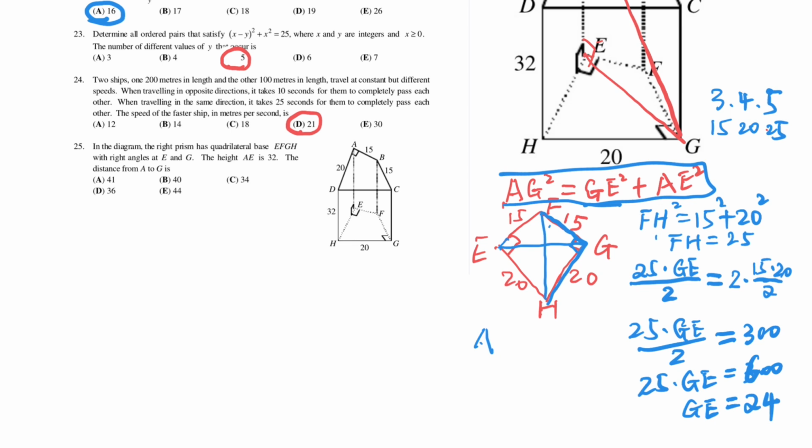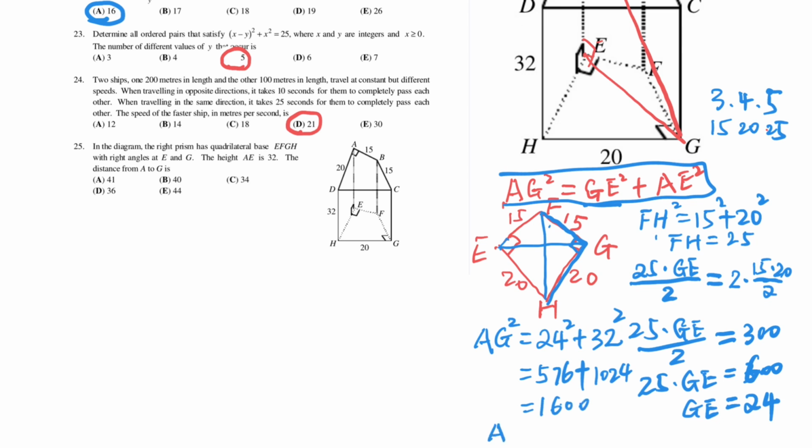So AG square equals GE, which is 24, squared, plus AE, which is 32, squared. That's 576 plus 1024, which is 1600.